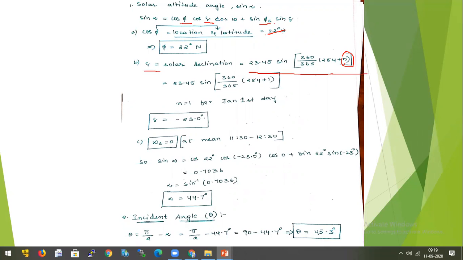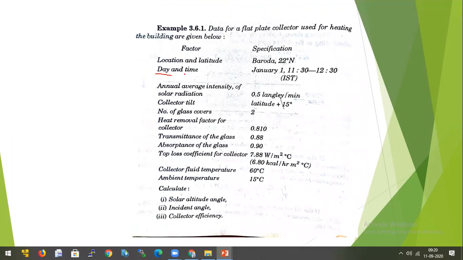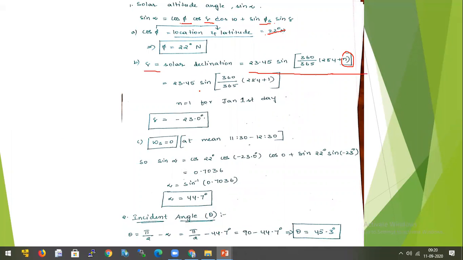In the year there are 365 days, and the day being calculated is the n value. If January 1st is taken, n is 1; if January 2nd is taken, n is 2, and so on. In the data the day is January 1st, so n is equal to 1.